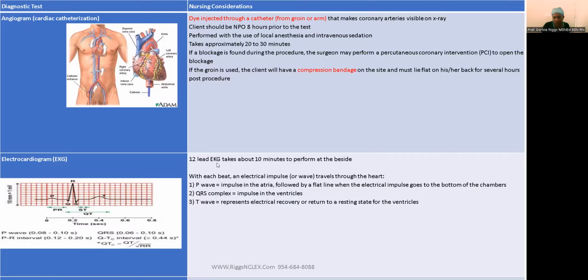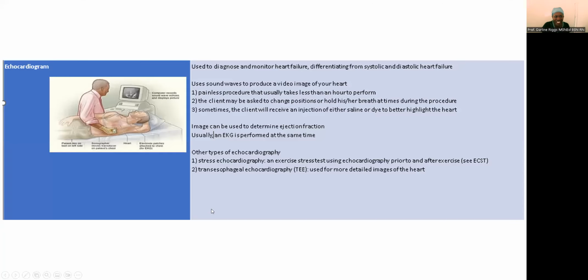We did EKGs already. You know about the 3 distinct waves. You know about the abnormal rhythms. This one was fun. So we've covered that one already. Just a couple more. So sometimes we may do an echocardiogram. Okay, that's going to tell us any type of heart failure, great for monitoring that.